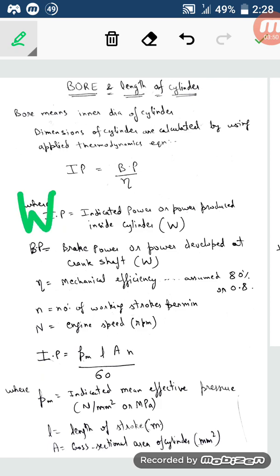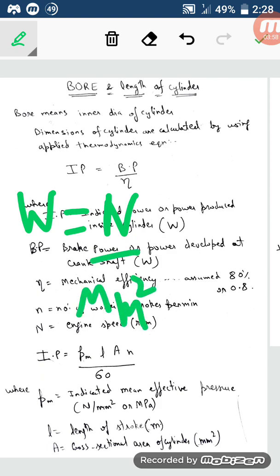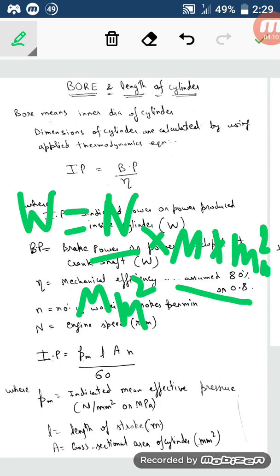IP we have in watt, equal to PM. PM we have in Newton per mm square. Then we have length in meter, then area in mm square. Then we have small n in per minute, but as you can see, with the 60 here it gets converted into seconds.